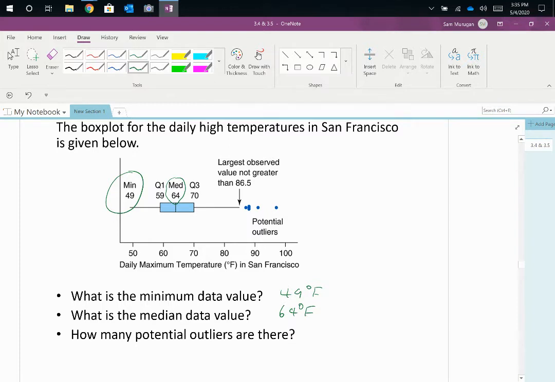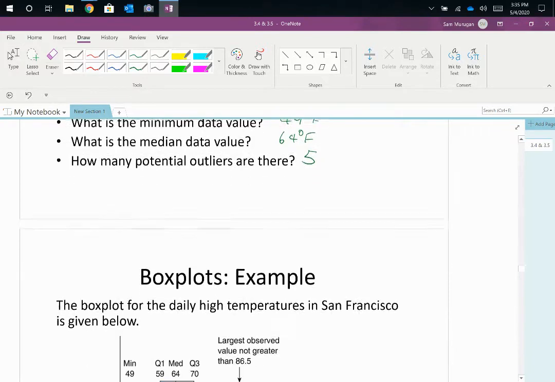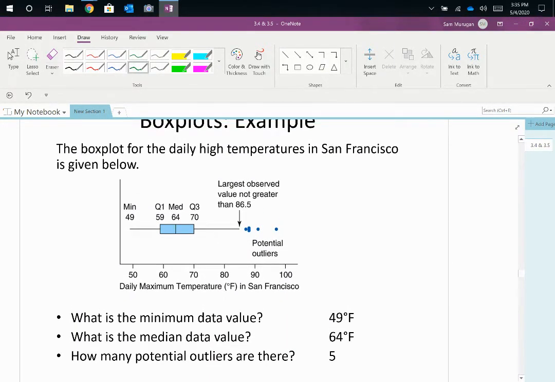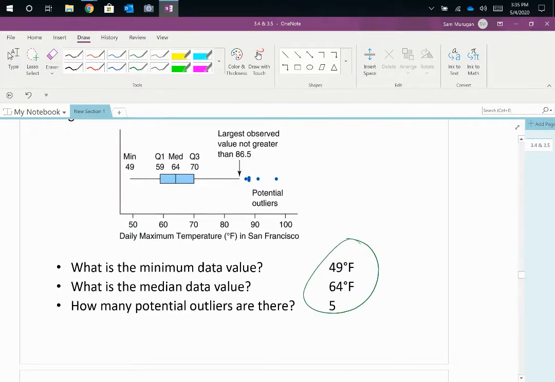And we can see there are 1, 2, 3, 4, 5 possible outliers. These are all possible outliers right here. The answers are actually right here. They put the answers in for us.